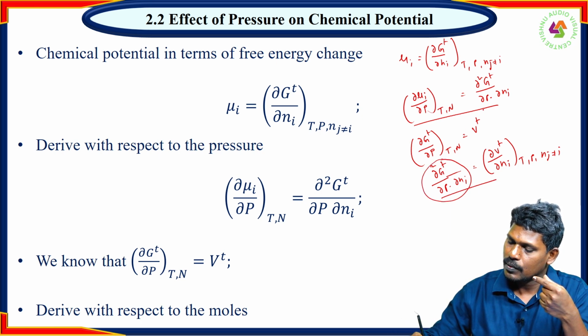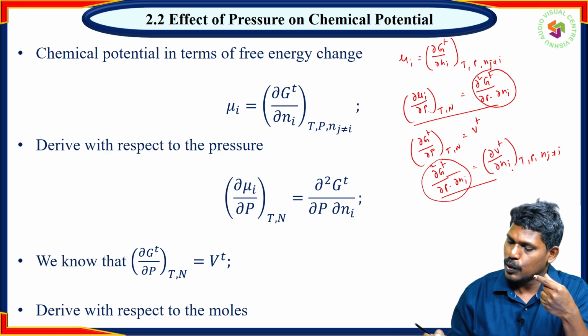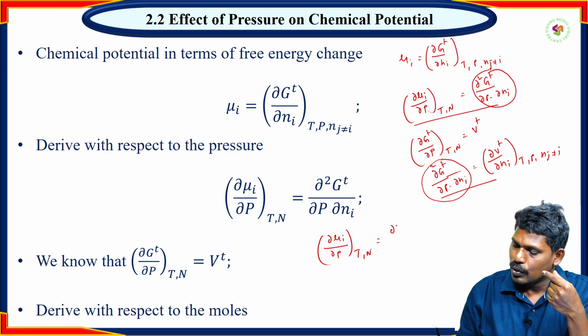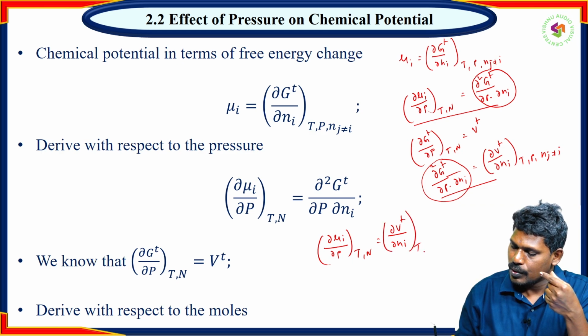This term and this term are both the same, so we equate these two expressions. So we will get ∂μi/∂P at constant temperature and number of moles is equal to ∂Vt/∂Ni at constant temperature, pressure, Nj not equal to i.